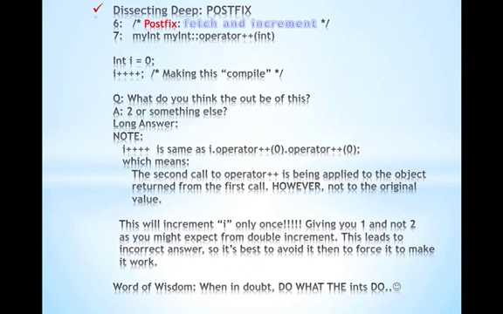i plus plus plus plus is actually the same as i calling the operator plus plus, with you passing your 0. That's how it's implemented in the compiler, so that's how the compiler interprets it.